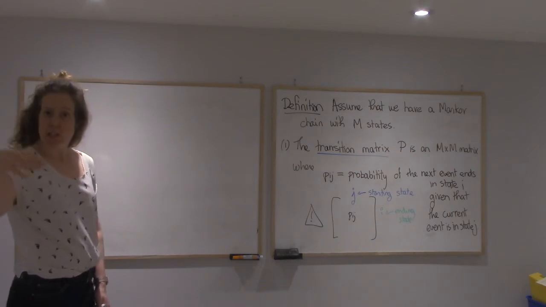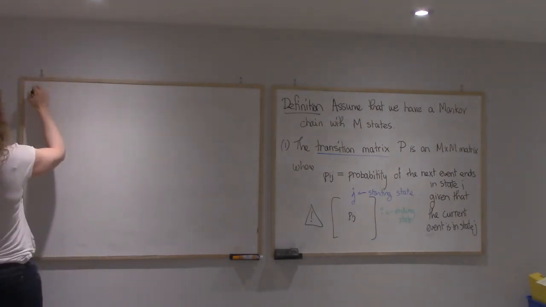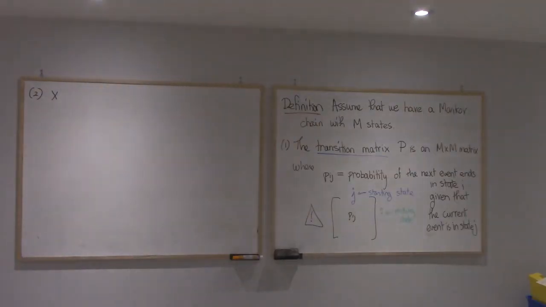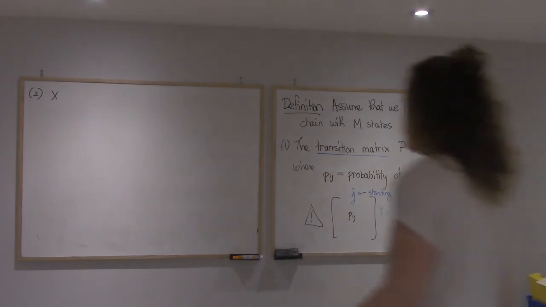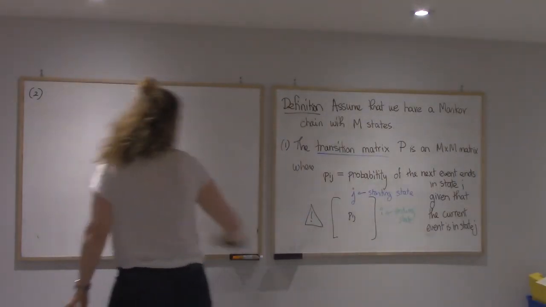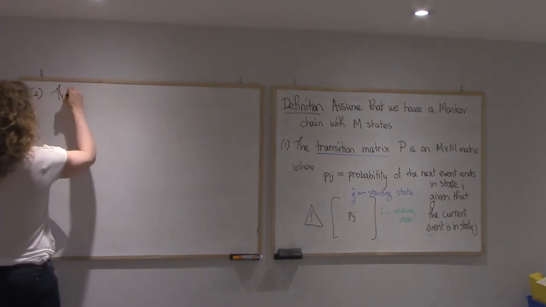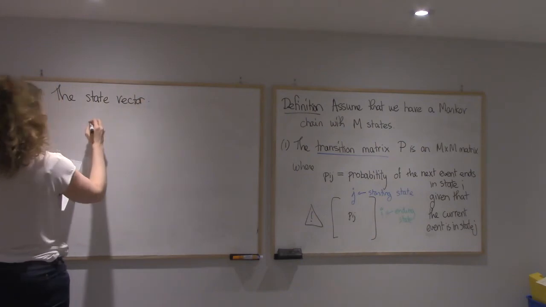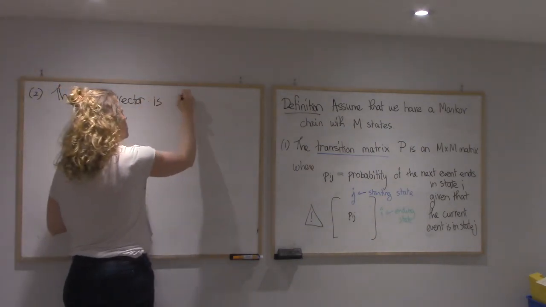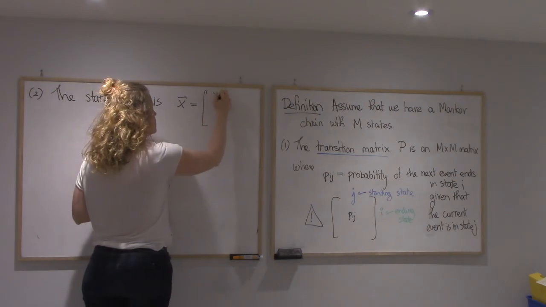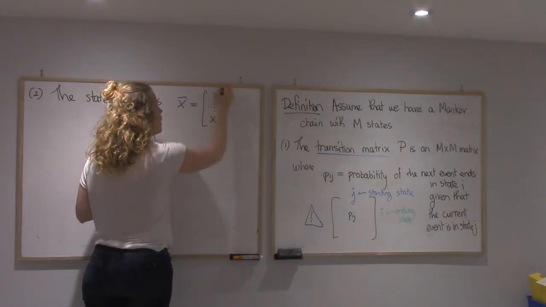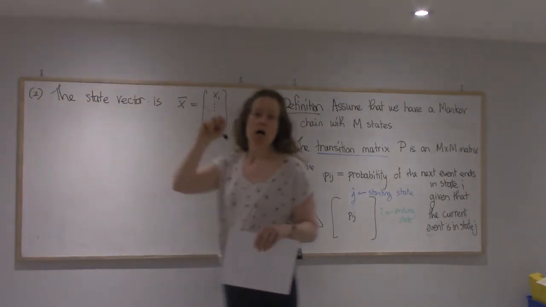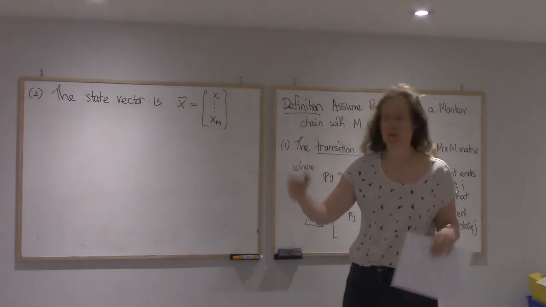And then we need the vectors as well, so let's call them x_i arrow, like I said, and they're going to be called state vectors. So the state vector will be a column vector just like this, where each of the entries gives you the probability of being in one of the states.